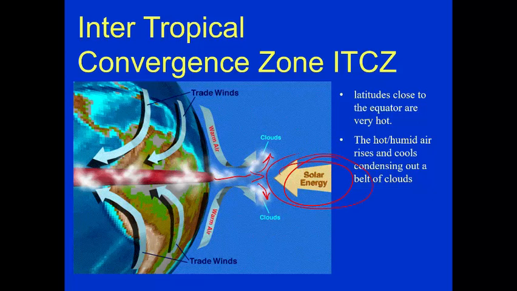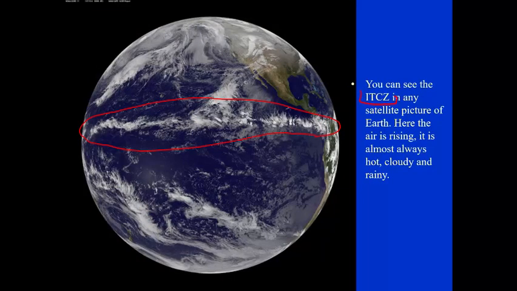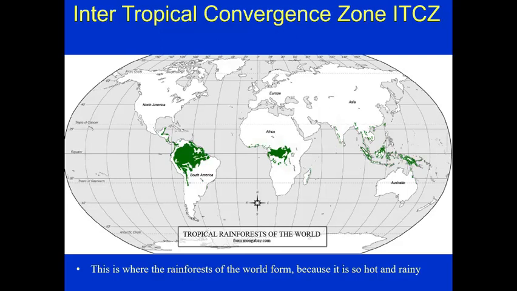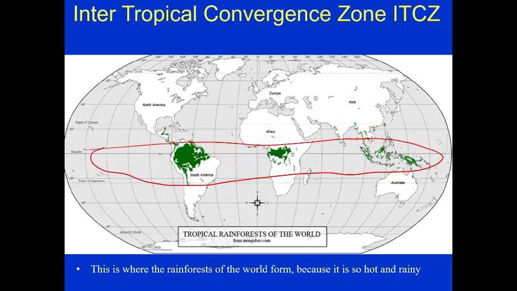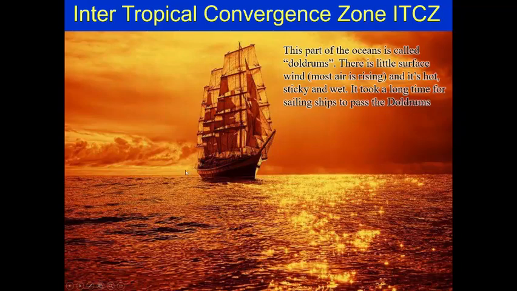When the sun is shining brighter in the south, because it's their summer and our winter, it's going to follow that sun. Okay, so it migrates up and down, north and south with the seasons. That is what brings heavy rainfall to the equatorial areas. So if you look at where the rainforests of the world are located, you'll notice that a lot of the rainforests of the world are around the equator. Okay, so that's due to the ITCZ.